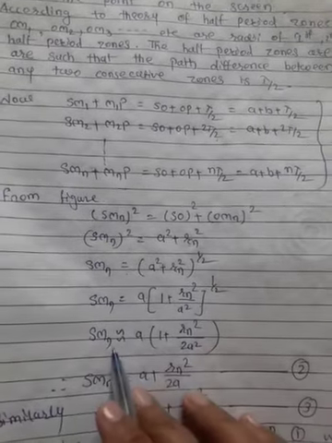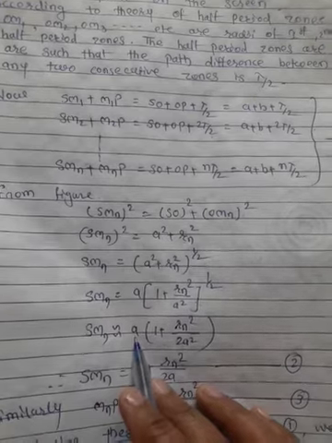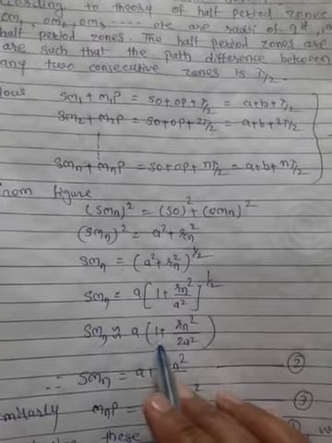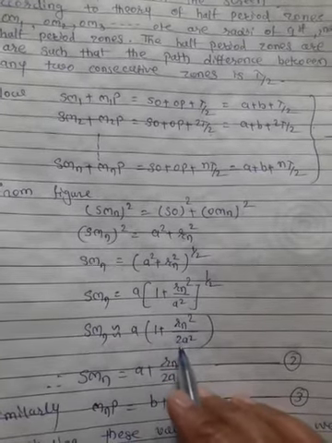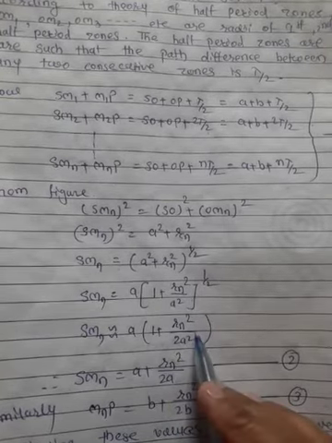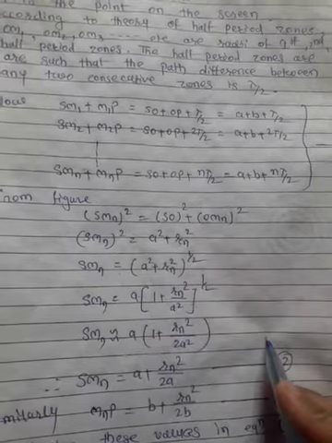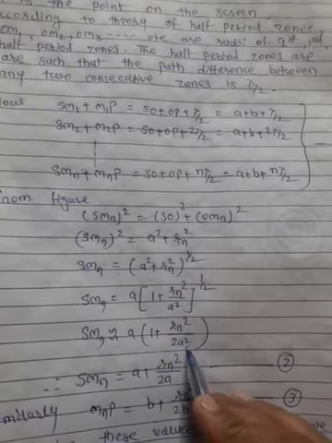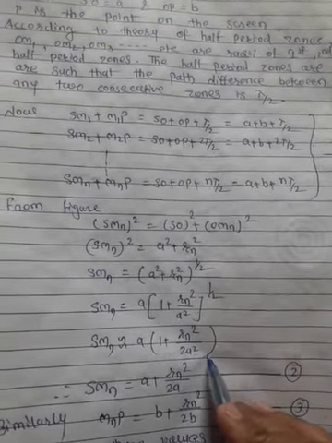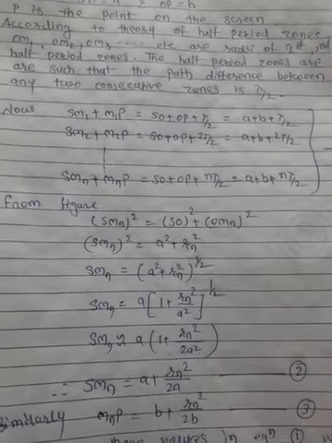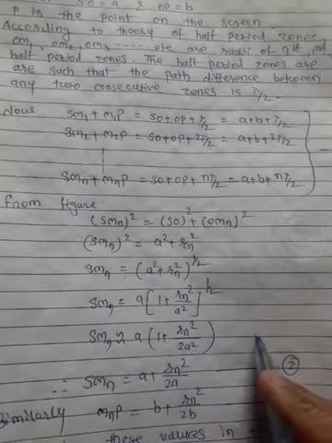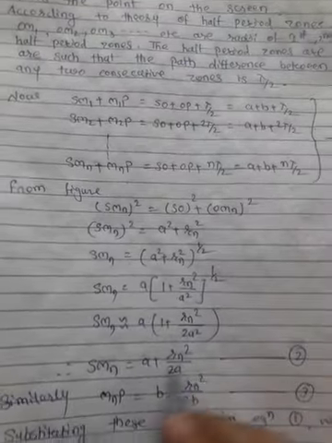Then we get approximately the value A into bracket 1 plus Rn square upon 2A square. The higher order terms of this exponential series get neglected because this A term is very much greater than the lambda. Therefore, we neglect the higher order term here.